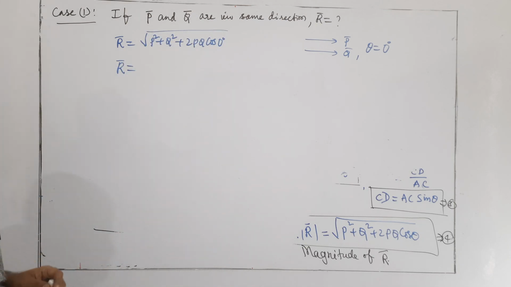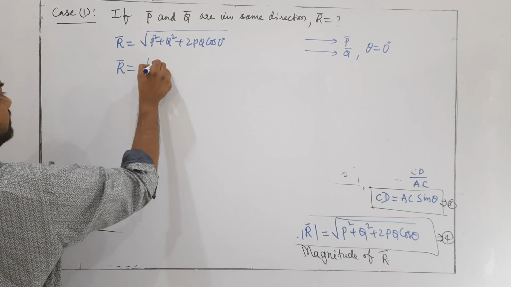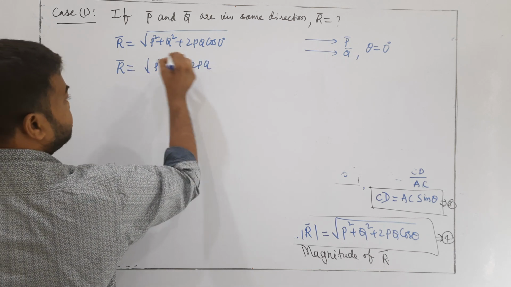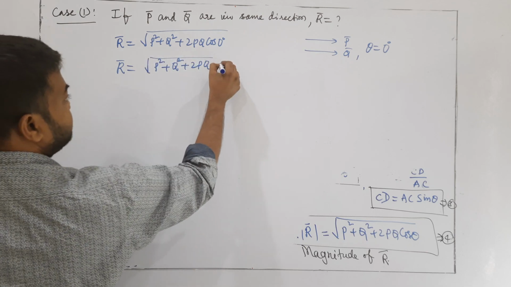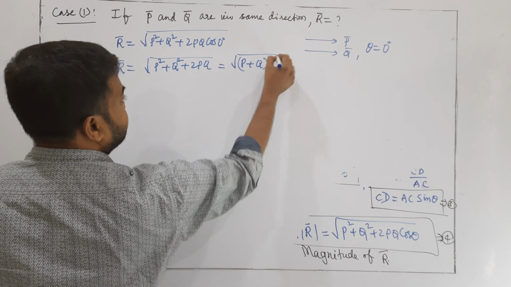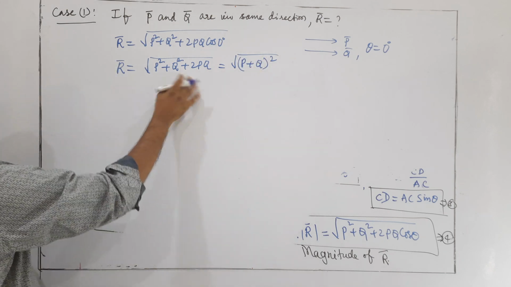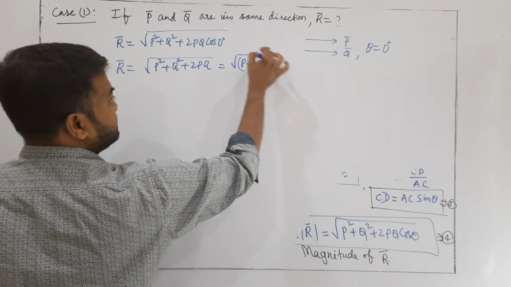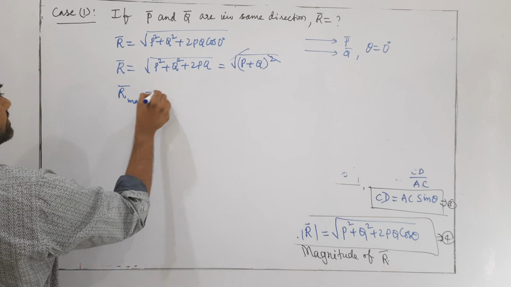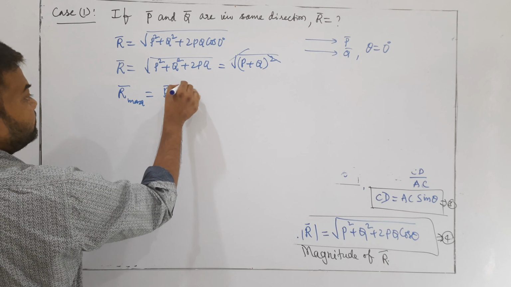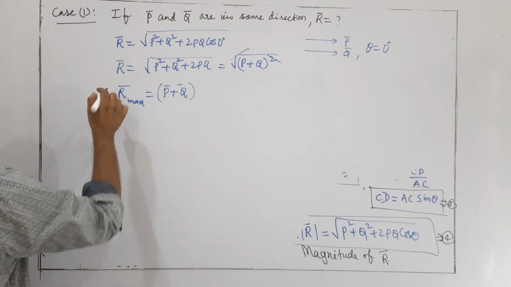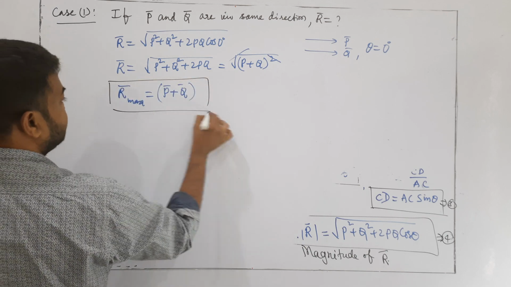Cos 0 is 1. That's why we can write root of P square plus Q square plus 2PQ, means root of P plus Q whole square, because it is in the form of A plus B whole square. The square root gets cancelled. And finally this is R max, because the maximum is P plus Q. This is the first case.